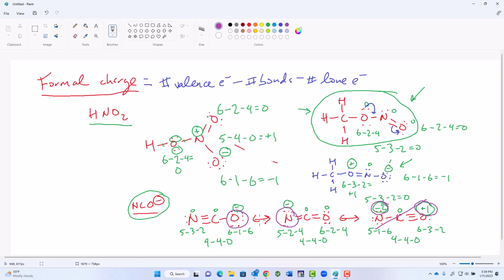Now since the formal charge does represent electron density, we're going to predict that the minus formal charge will preferentially go on the atom that is more electronegative. If we look at the periodic table and think about our trend in electronegativity, we see that oxygen is more electronegative than nitrogen. So in fact, this structure here with the minus formal charge on oxygen would be the most contributing or the most important resonance structure.